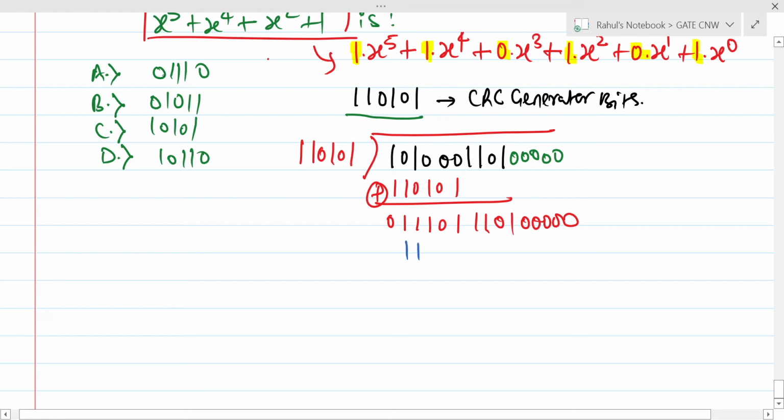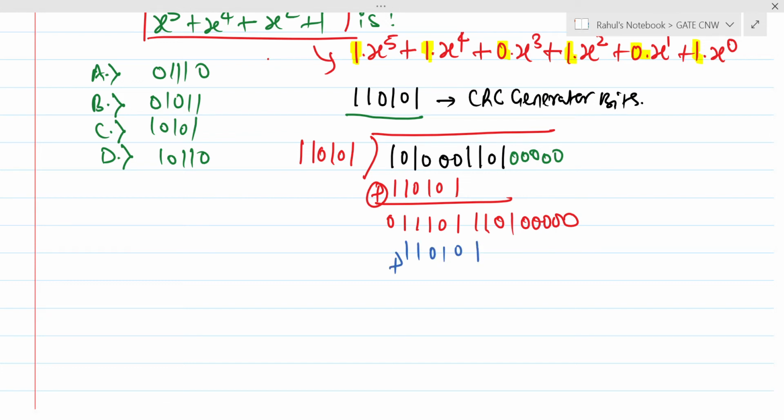Here 1 1 0 1 0 1, and perform the bitwise operation. So what you get here: 1 1 is 0, 1 1 is 0, 1 0 is 1, 0 1 is 1, 1 0 is 1, 1 1 is 0, 0 1 is 1, and 1 2 3 4 5.